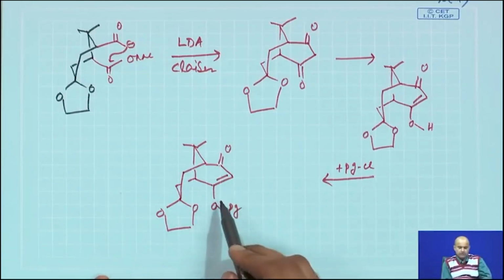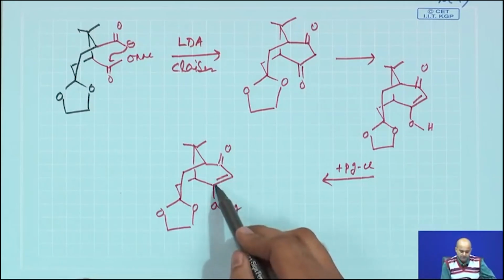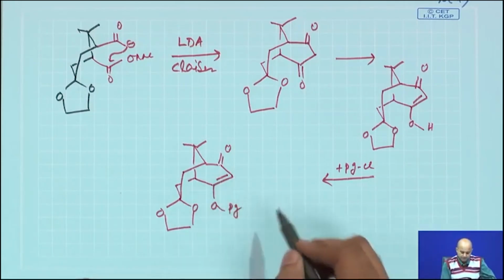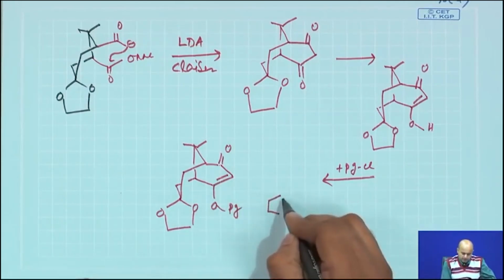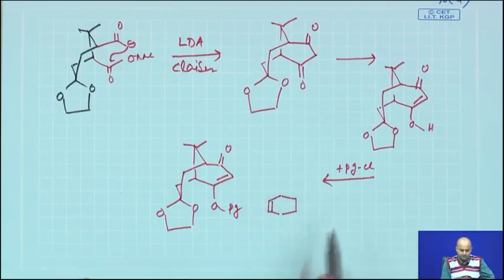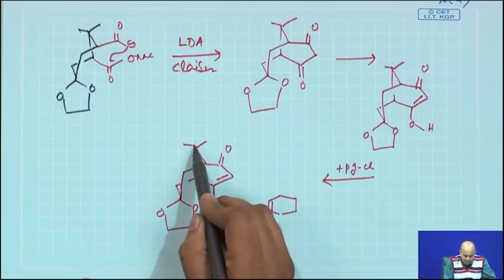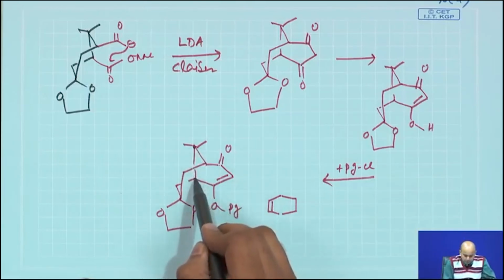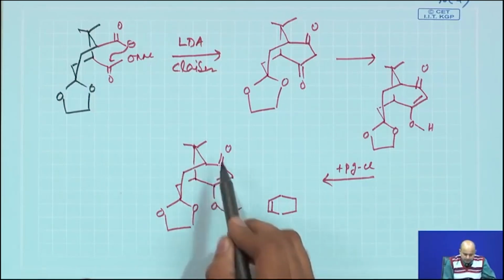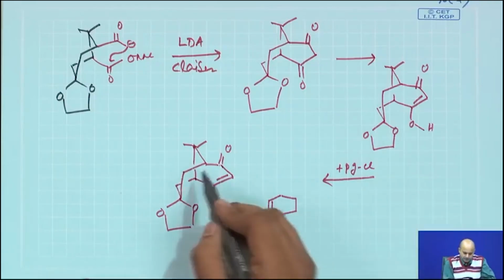OPG. Now, if you go to the retro, we basically have said that you have this 2 pi. Now, you are reacting with a cyclohexene. So, this ring is a 6 member ring, 1, 2, 3, 4, 5, 6. You are basically having a 6 member bridge structure.